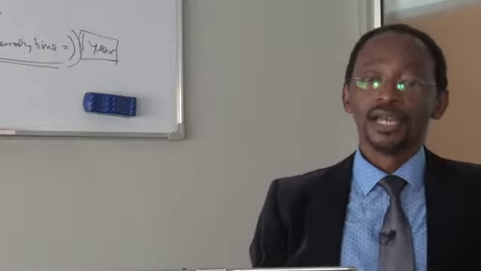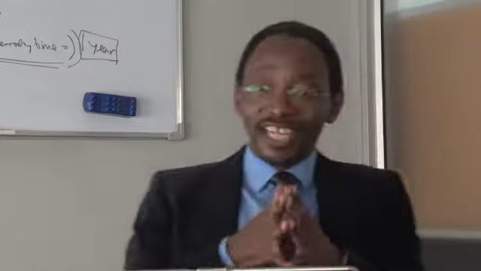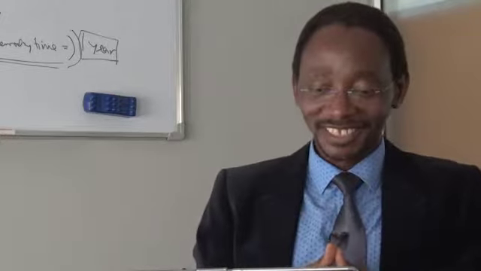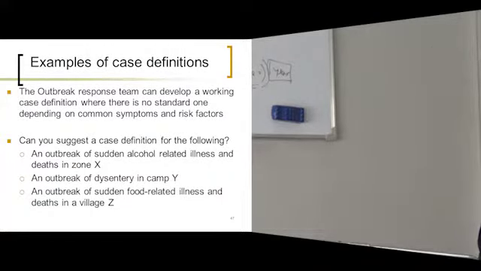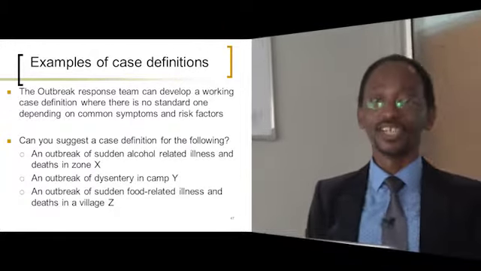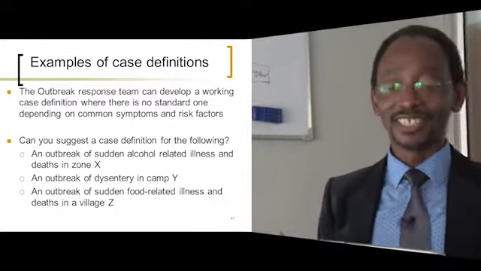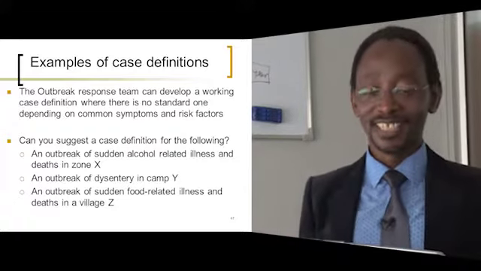Now, you can also create new case definitions. Like, if we look at these three examples, try to imagine the case definition. An outbreak of sudden alcohol-related illness and deaths in Zone X. How would you construct a case definition for that?